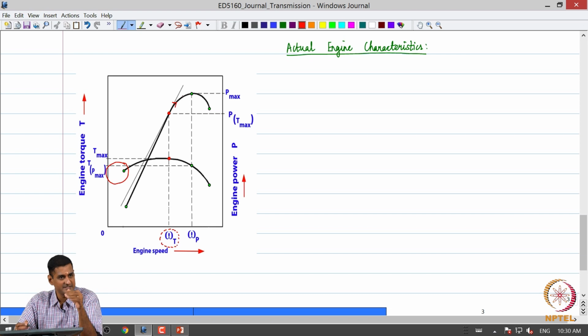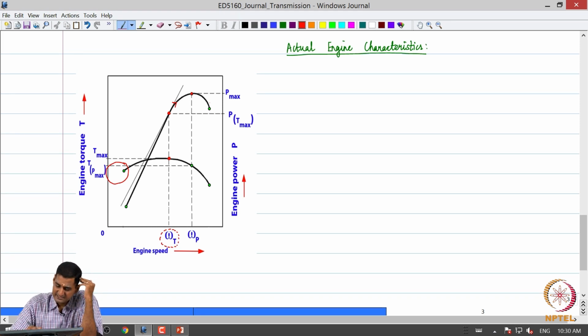The rate at which power increases with speed essentially starts dropping down, and then power reaches a maximum point, beyond which the torque starts to decrease so rapidly that the power also starts to drop.